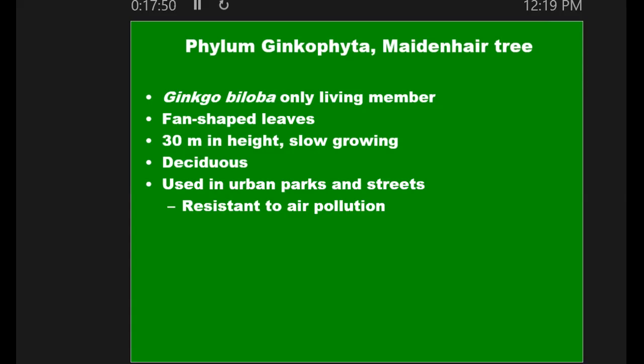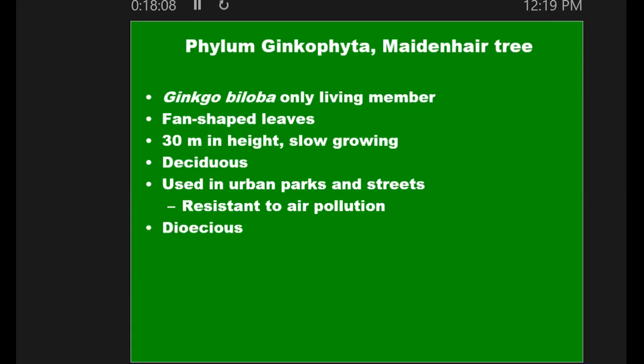So it's a favorite. You have to be careful though. You should only pick the male tree, especially if you're planting it in an area heavily populated with people walking around that tree a lot.